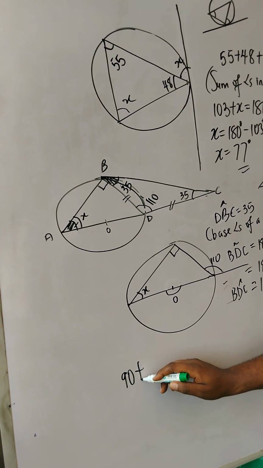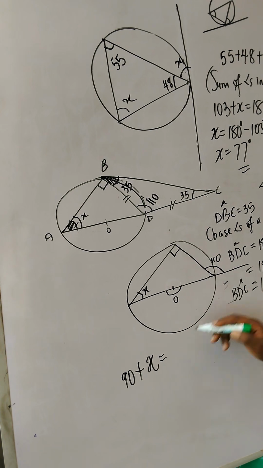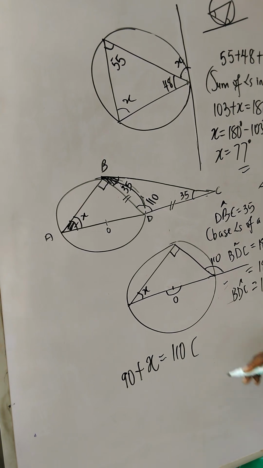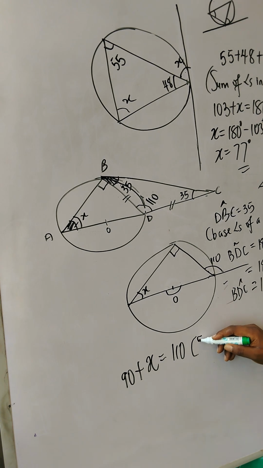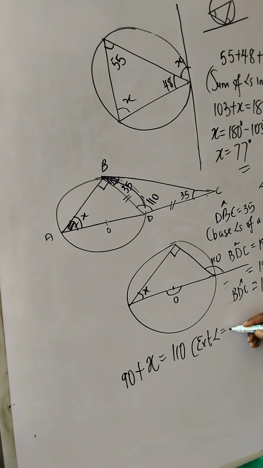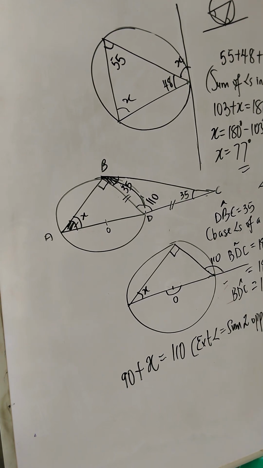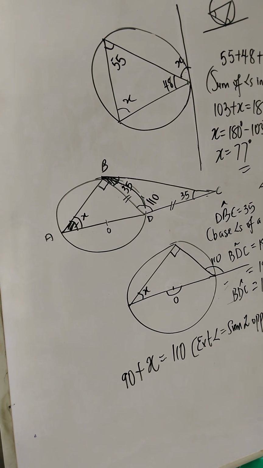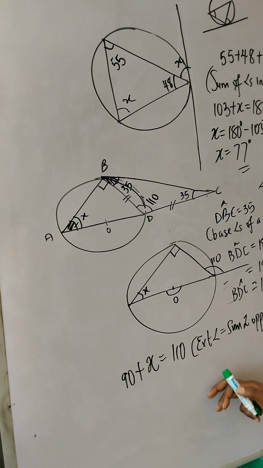90 plus x equals 110, reason: the exterior angle equals the sum of the two opposite interior angles. Now subtract 90 from both sides.